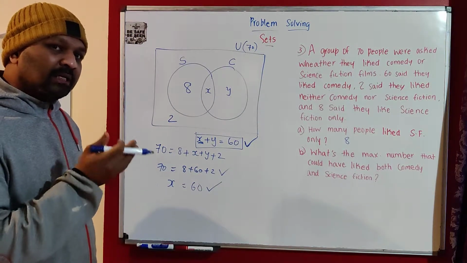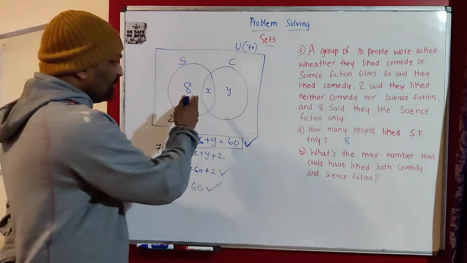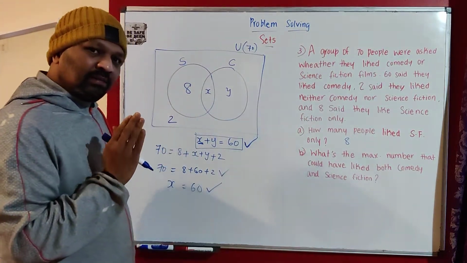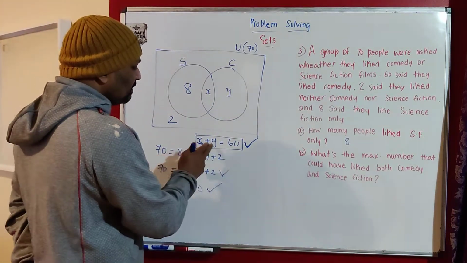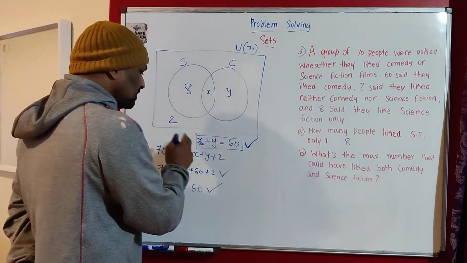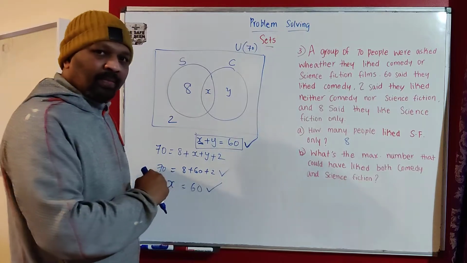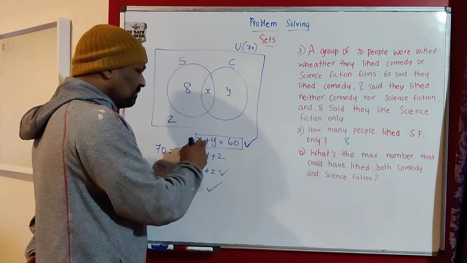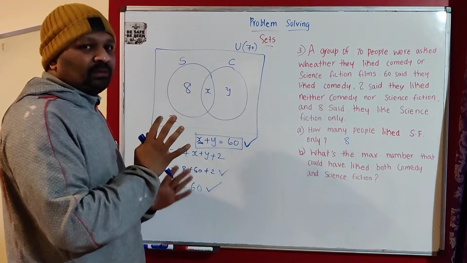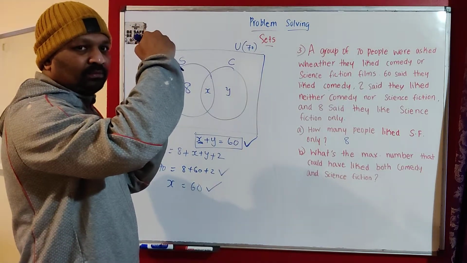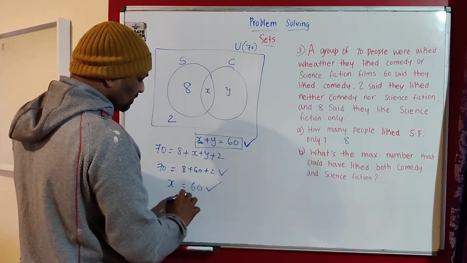But that is not the maximum possibility. X can be 40 also, then y will be 20. If x is 30, y will be 30. If x is 50, y will be 10. But if x is 60, y will be 0. So that is the possibility of having x as the maximum. That is why x is equal to 60.